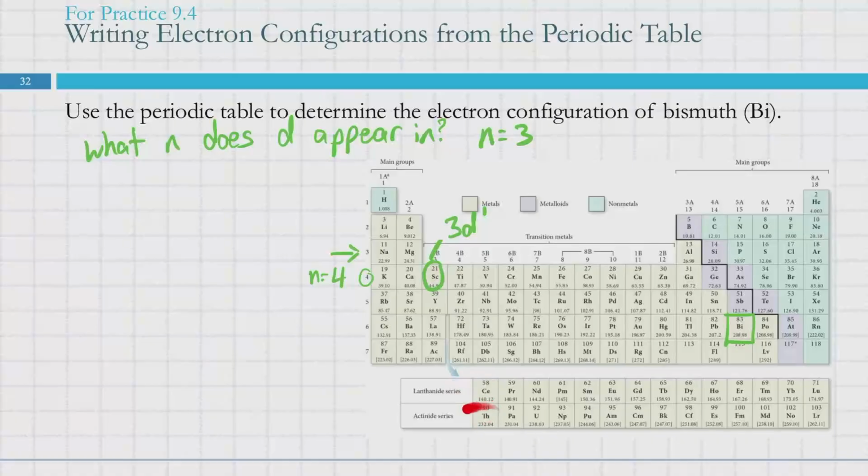Our lanthanide and actinide series represent our F block. What color was the F block? It was green. Right, so our F block shows up for the first time in n equals 6.